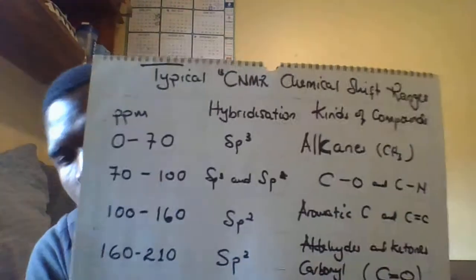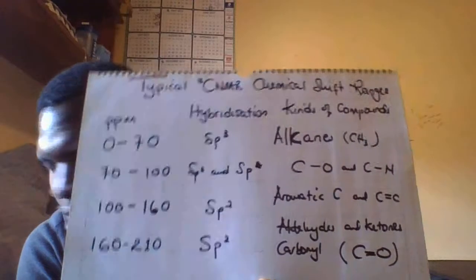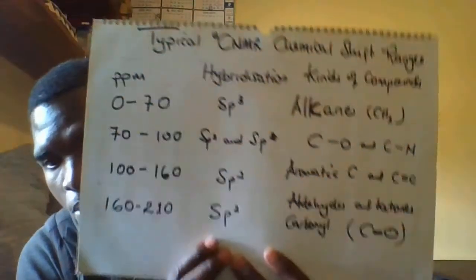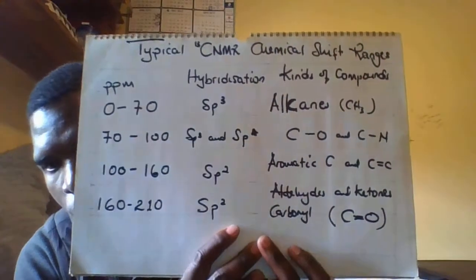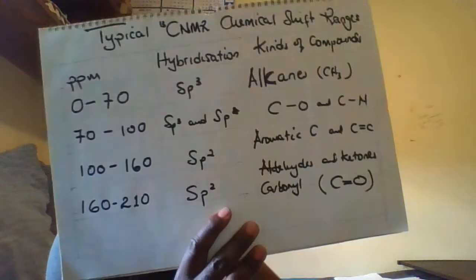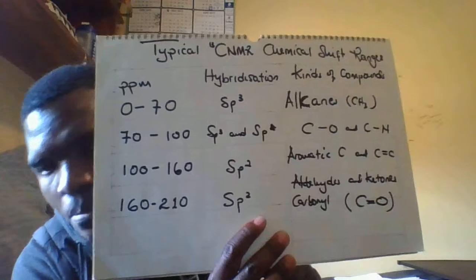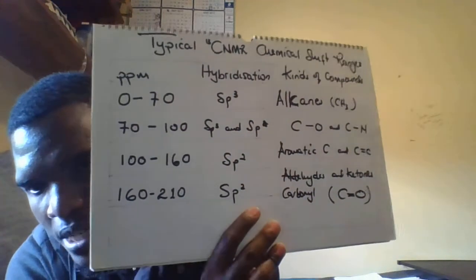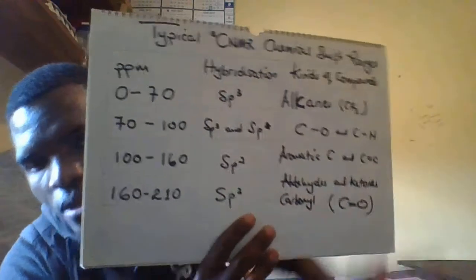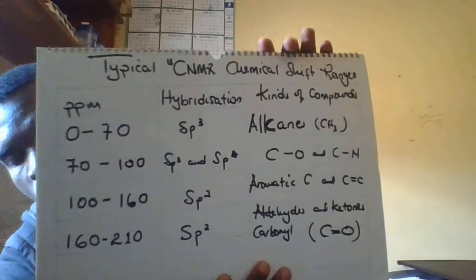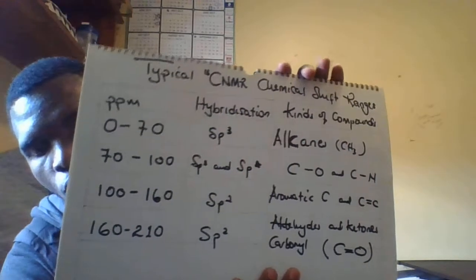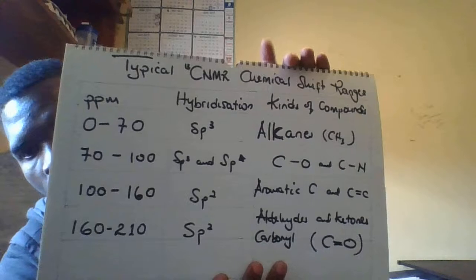I want you to take note that this information about this chart varies with the textbooks. Some textbooks can tell you different information, but basically it's not going to be that different. So this is something that you can use just to quickly figure out what's going on with your structure.